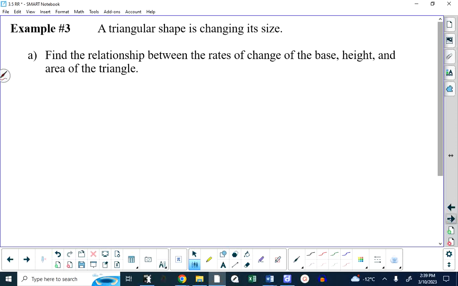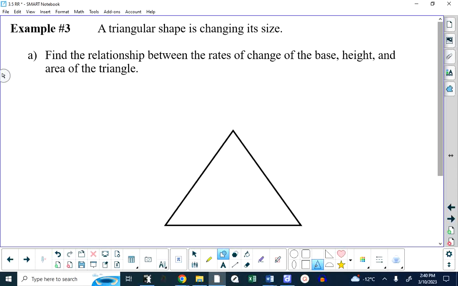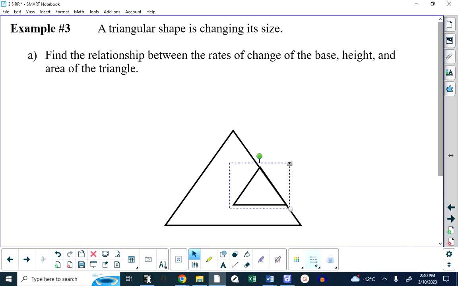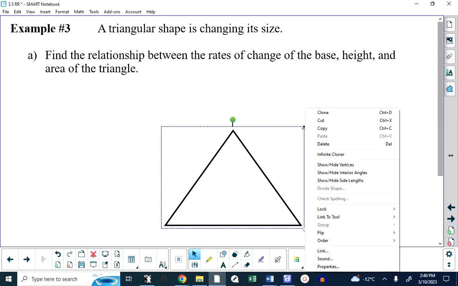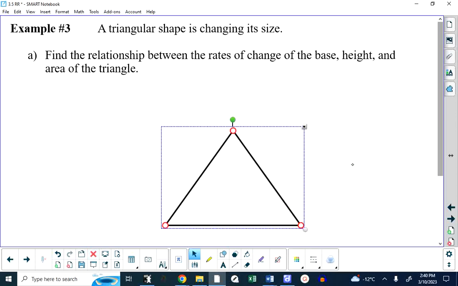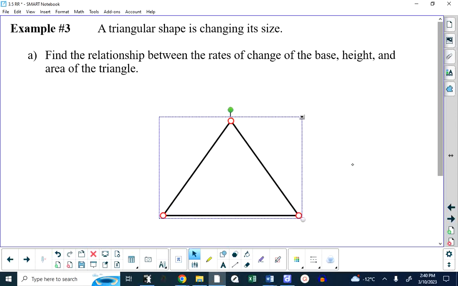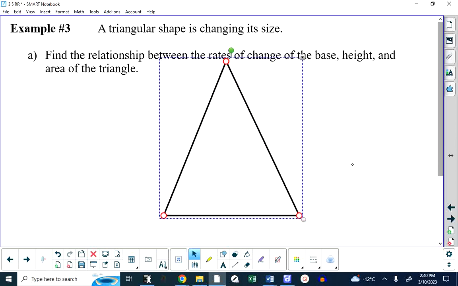Example 3. A triangle is changing its size. How? I don't know. Maybe it's changing its size because it starts off looking like this, and the height is changing.